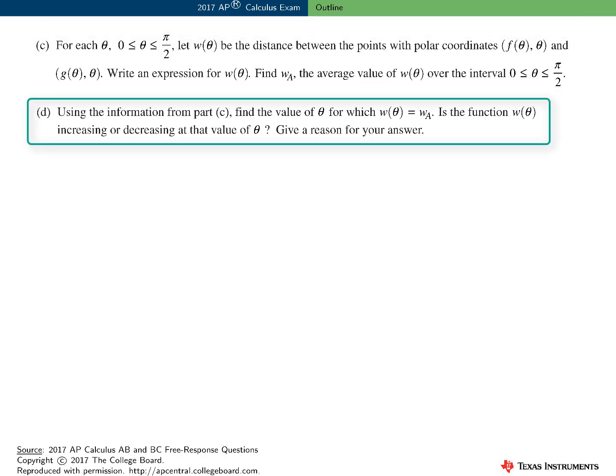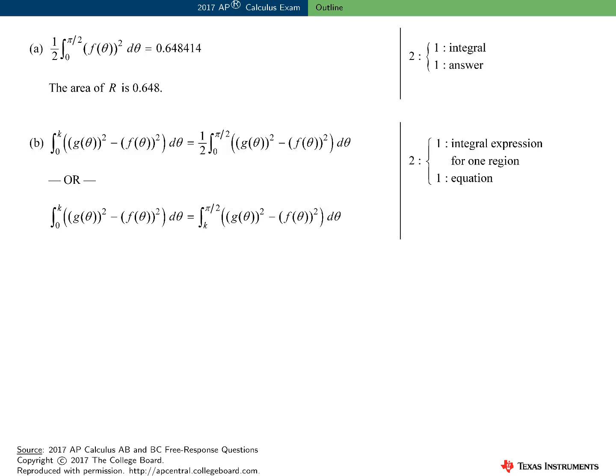In part D, students were asked to find the value of theta such that w of theta equals the average value found in part C. And finally, students needed to determine if this function w of theta is increasing or decreasing at this found value of theta.